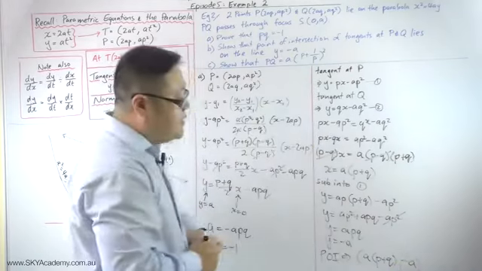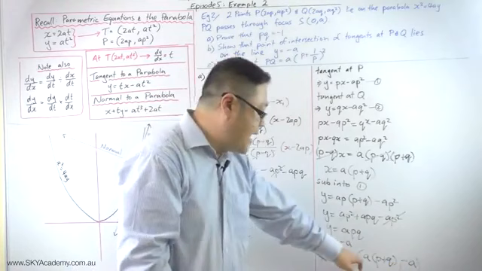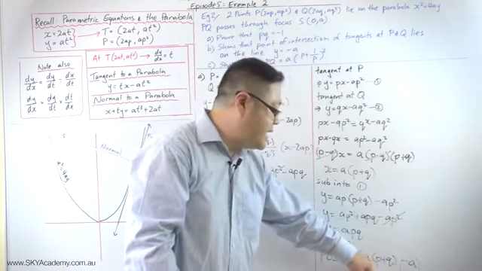Now, can you see that -a is a constant? -a is a constant, but all of this is variable, right? The p can change, the q can change, a is a constant.